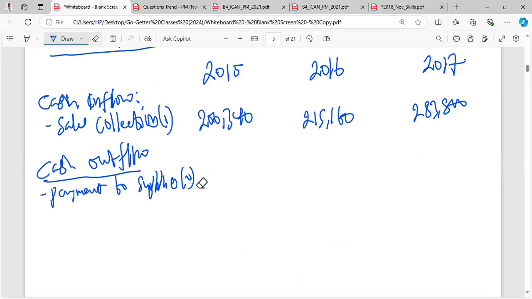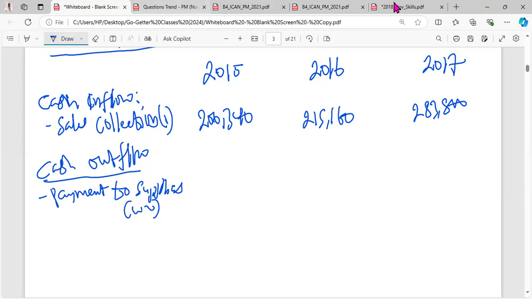Let me write this well. Payment to suppliers. So this is workings two. Now what's the policy?